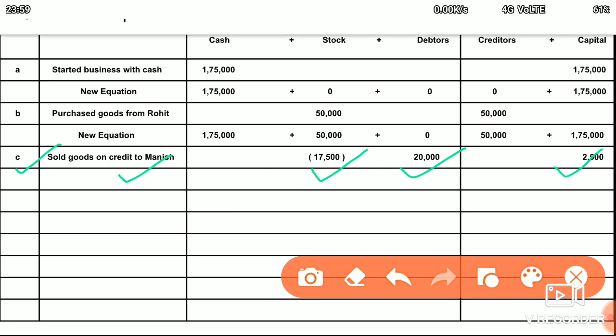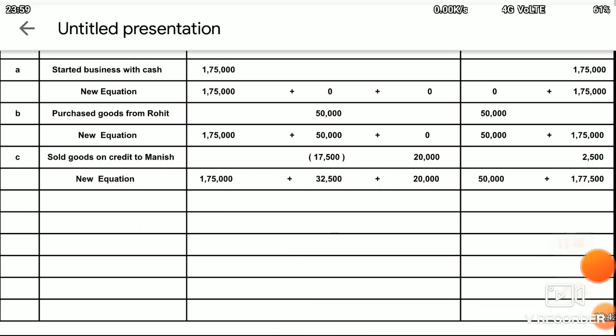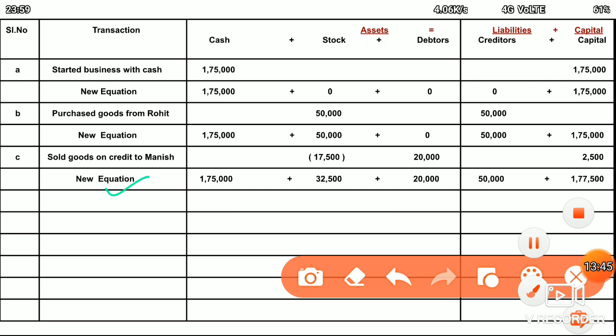So our new equation will be, so this is our new equation. We will have cash balance will remain same as 1,75,000. Then we had a stock of 50,000 before. Now the stock has decreased and it has decreased by 17,500 after this transaction. So our balance of stock will be 32,500.